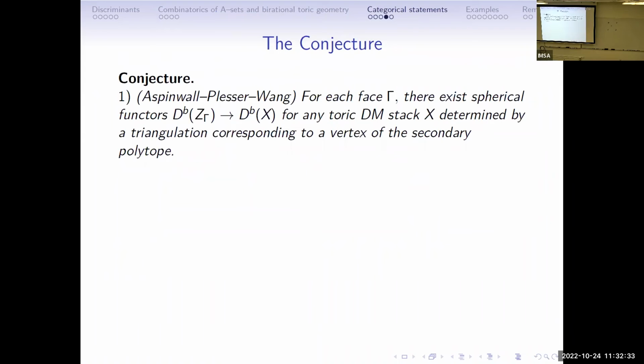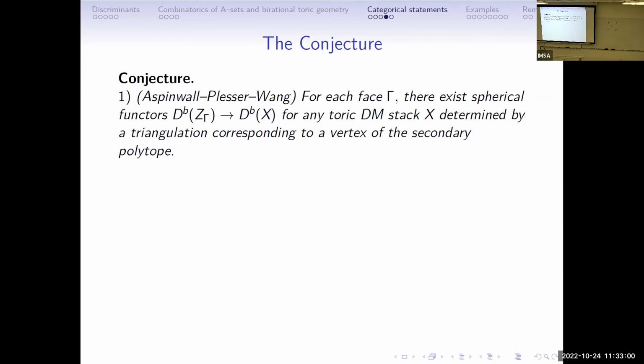And then the conjecture, as I already mentioned, is that for each phase gamma, there exist spherical functors of this form, dB of Z gamma to dB of X, determined by a triangulation, where X is one of the versions of the birational model for the underlying stack.